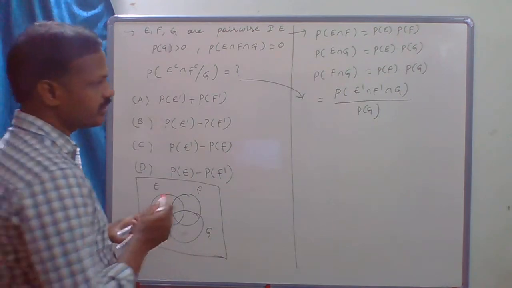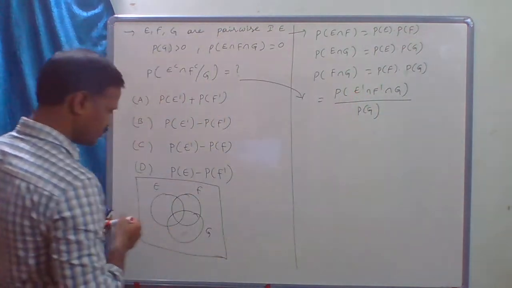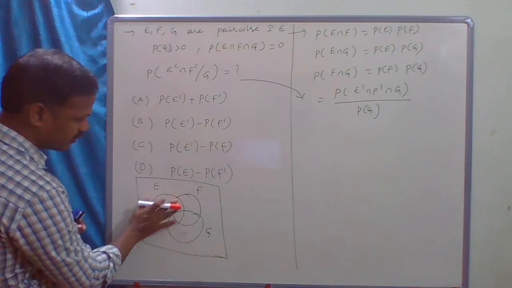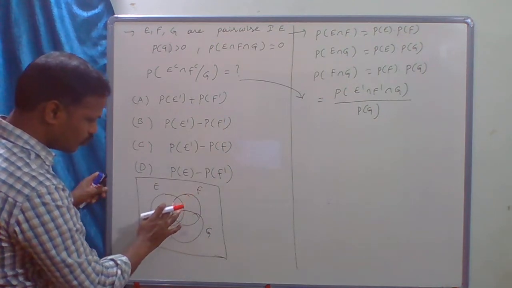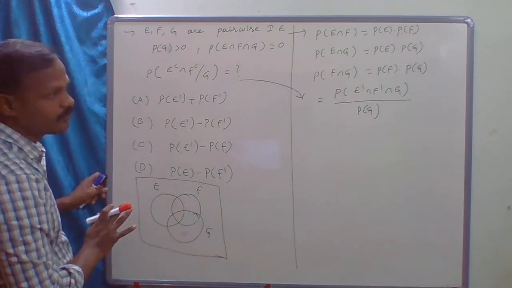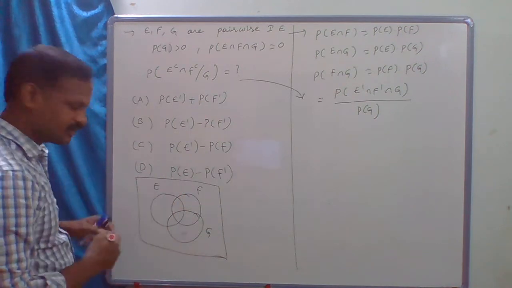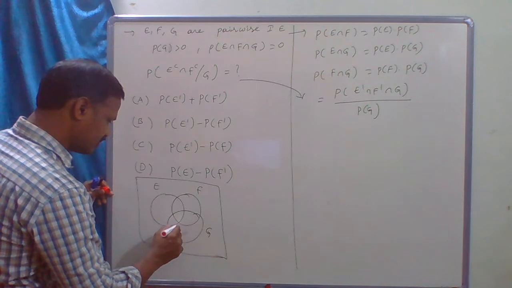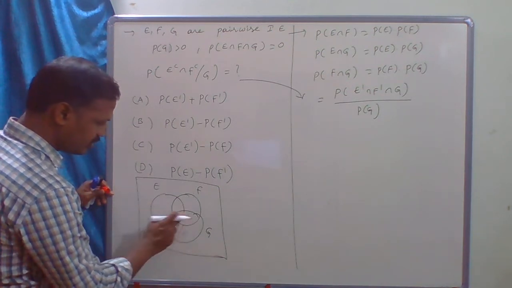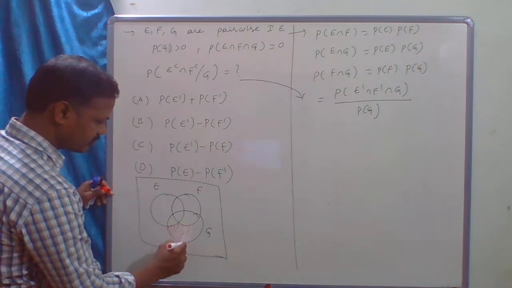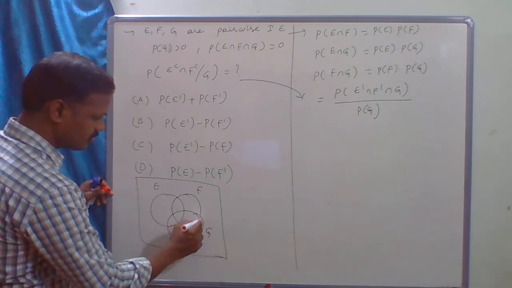E complement means we don't want E, and F complement means we don't want this whole F. Intersection G, we want G, so this G is included.